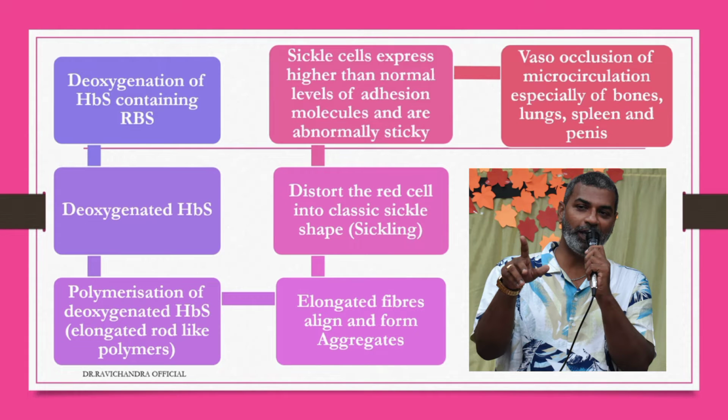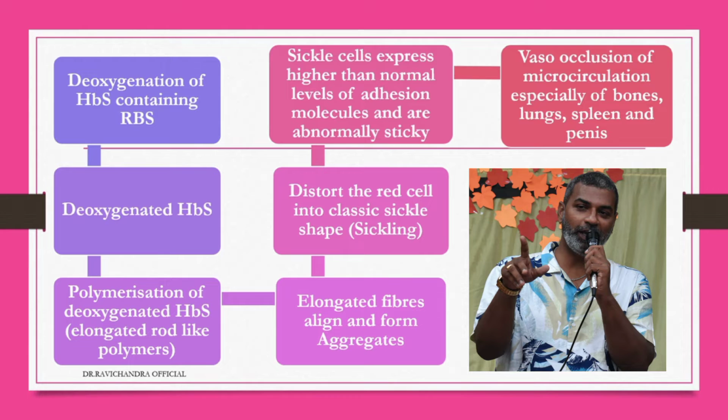Deoxygenation of hemoglobin S containing red blood cells results in deoxygenated hemoglobin S. Polymerization of deoxygenated HbS: there will be elongated rod-like polymers, and these elongated fibers will align and form aggregates, thereby distorting the red cell into the classic sickle shape, which is called sickling.